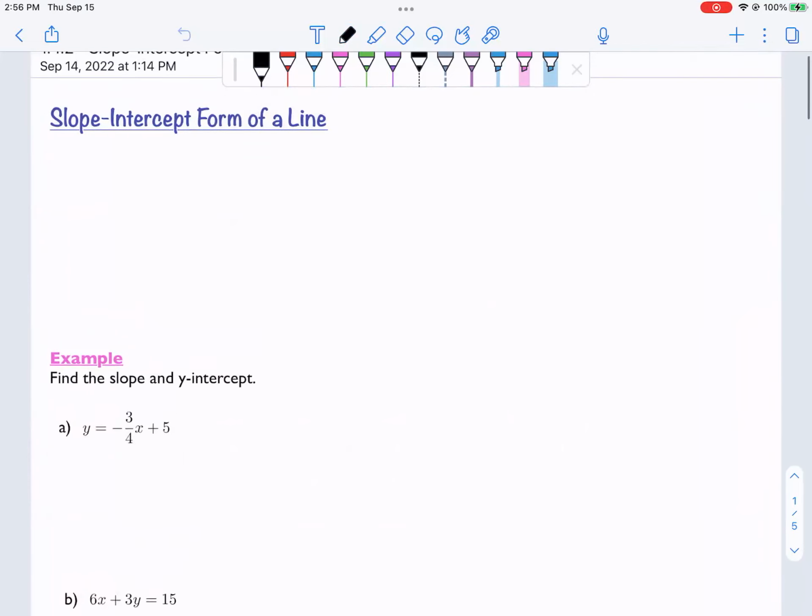The slope-intercept form of a line is better known as y equals mx plus b, where m is the slope of the line and b is the y-intercept, i.e. where the line crosses the y-axis.